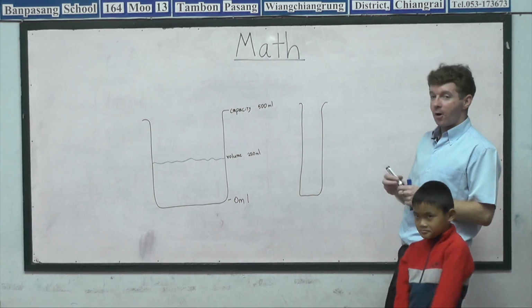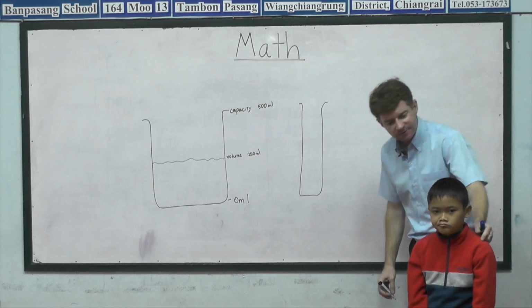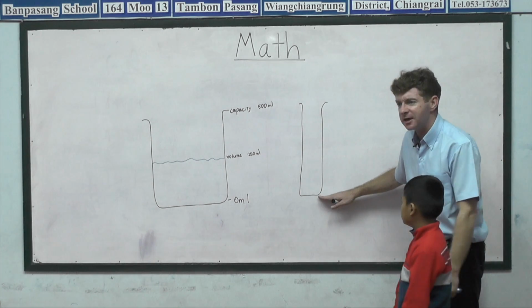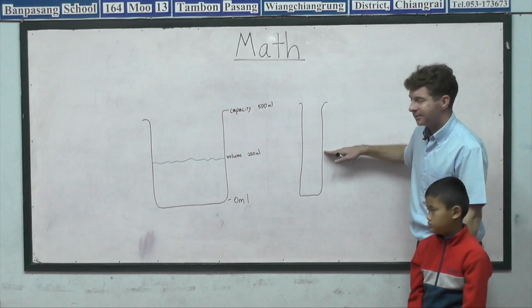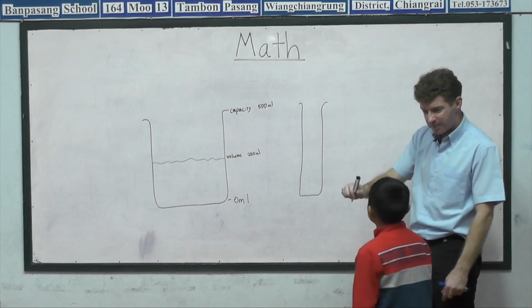So first of all, we need to write capacity. Where does our capacity go? Will we write capacity here? No. Here? No. Here? Yes. Chu, can you write capacity?